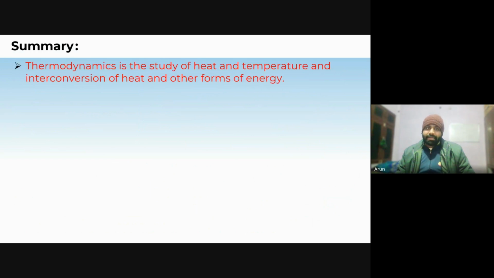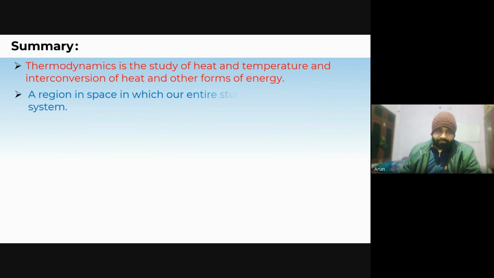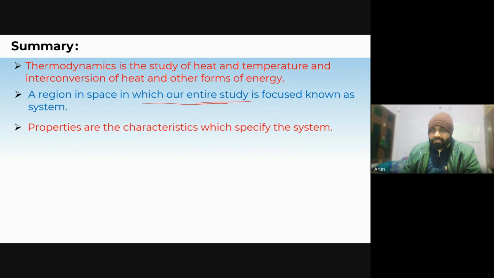Summary में you can say that thermodynamics is the study of heat and temperature and interconversion of heat and other forms of energy. So what is system? System is a region in space in which our entire study is focused. Properties, what are the properties?